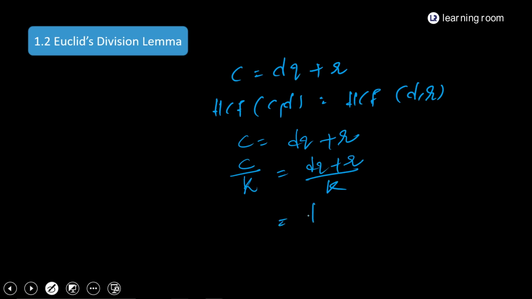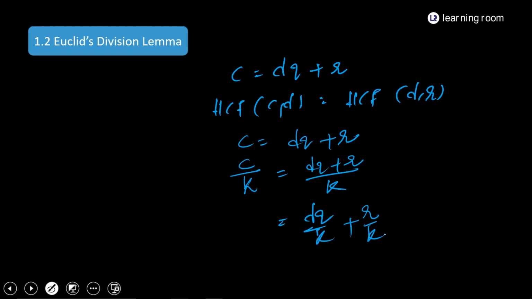It is divisible by K, and D is also divisible by K, so it should be an integer. So it should be divisible by R also, so it should be an integer again. So K is a factor of R, K is a factor of D, K is a factor of C, right?